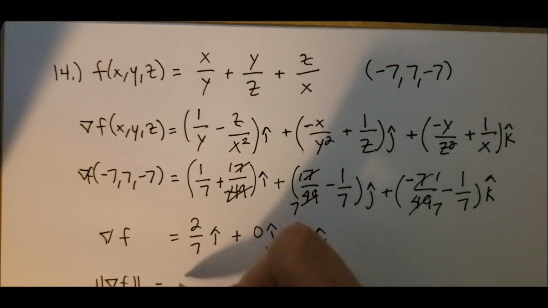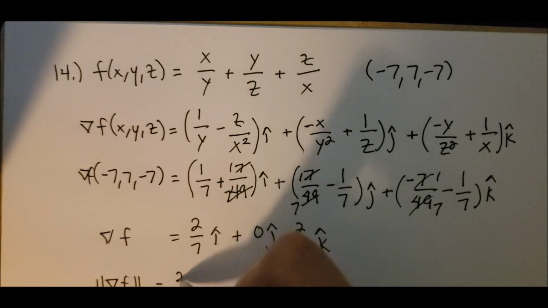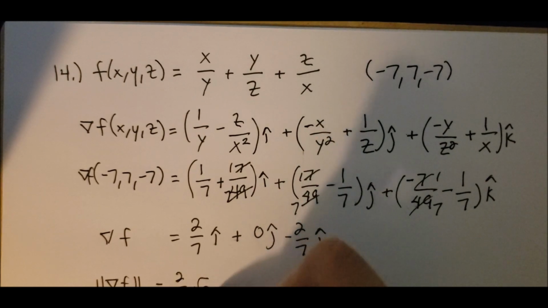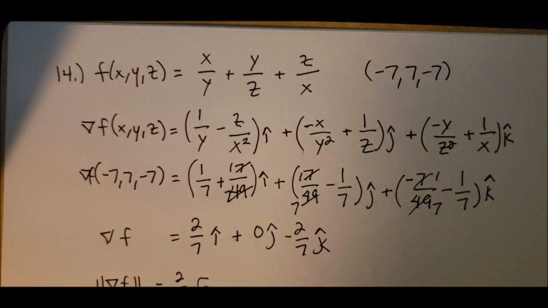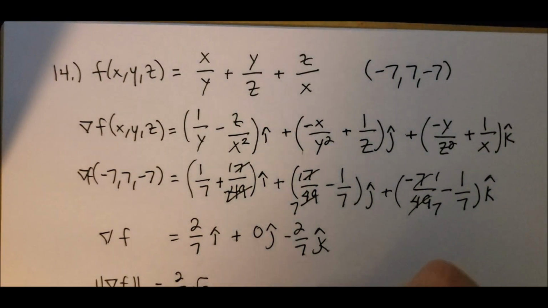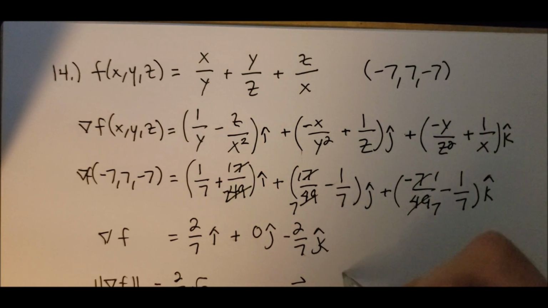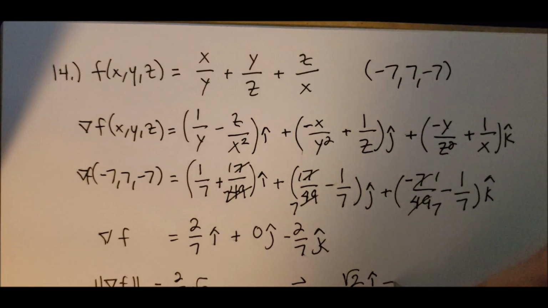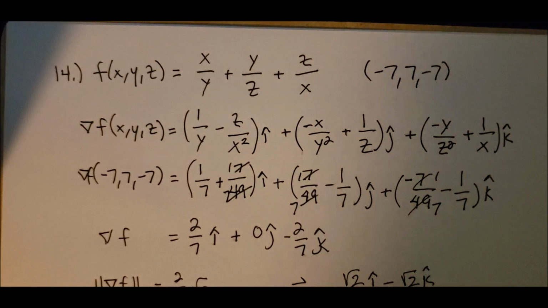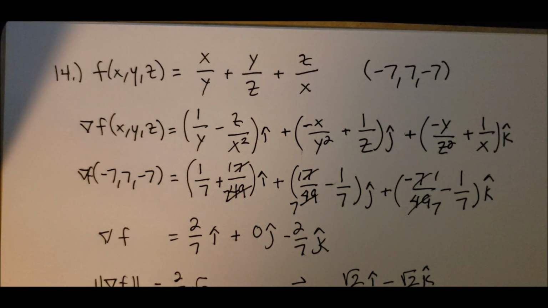It's the same component, so it's 2/7 square root of 2. So then the unit vector in that direction is going to be square root of 2 over 2 i minus square root of 2 over 2 k.